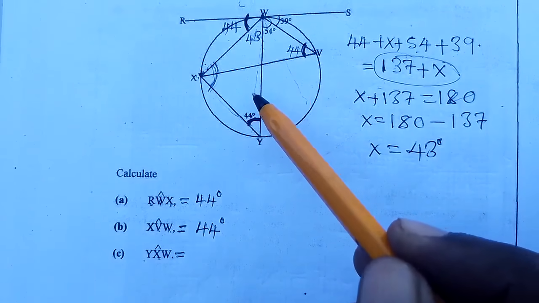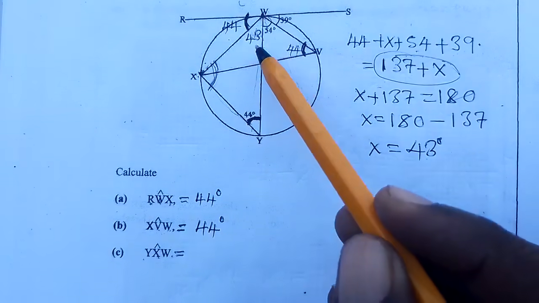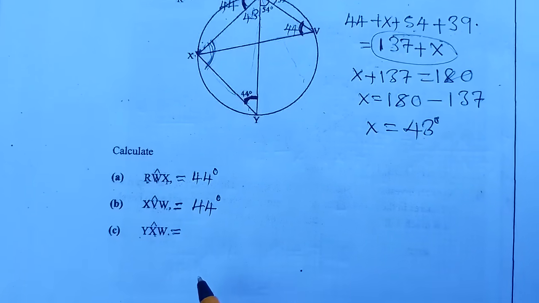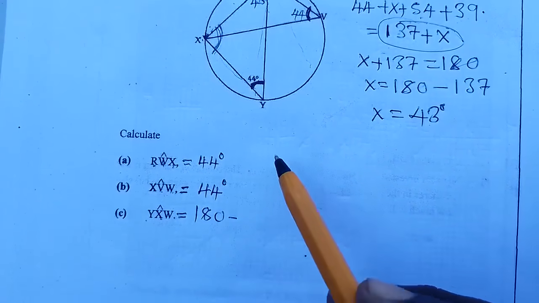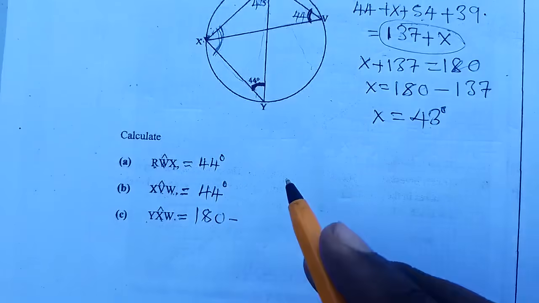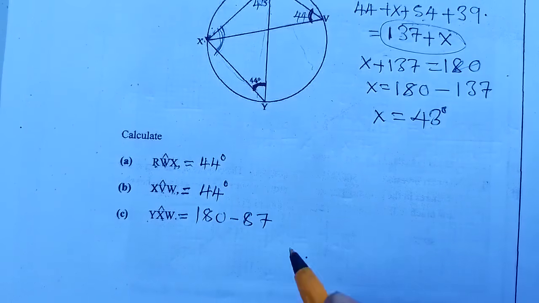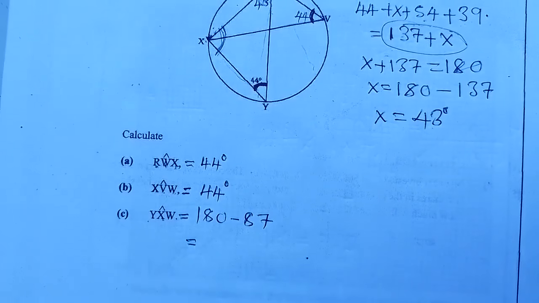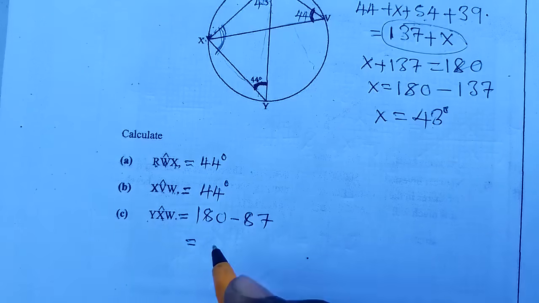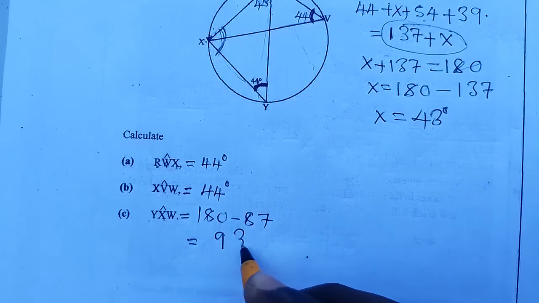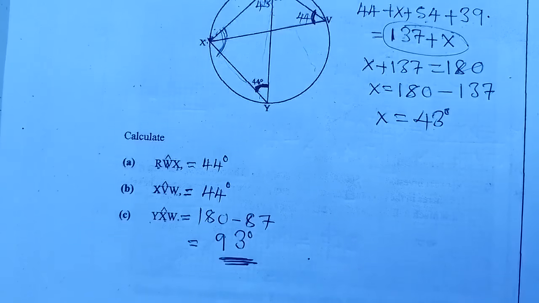When you add those two, you're going to get about 87. So you just say 180 minus 87, what are you going to get? You're going to get 93. So this is your answer.